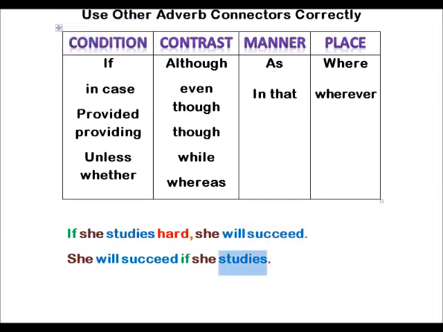Fantastic. Now look at this. So we've got she, subject, will succeed, verb, and then we've got if, which is a connector, then we've got she, subject, and then we have studies as a verb.